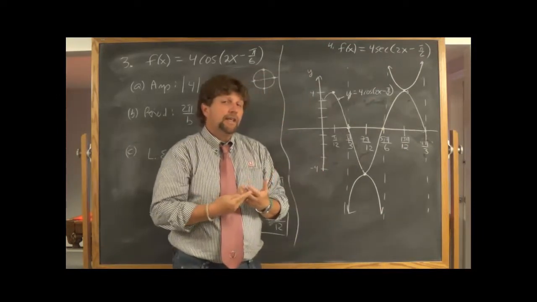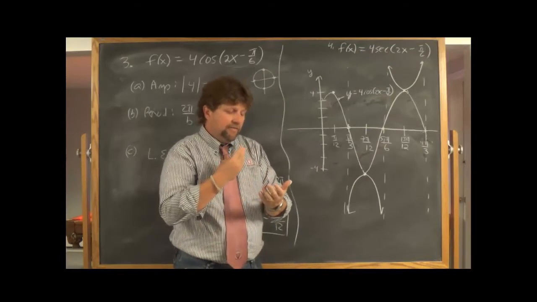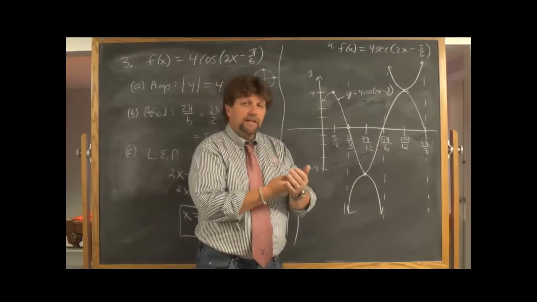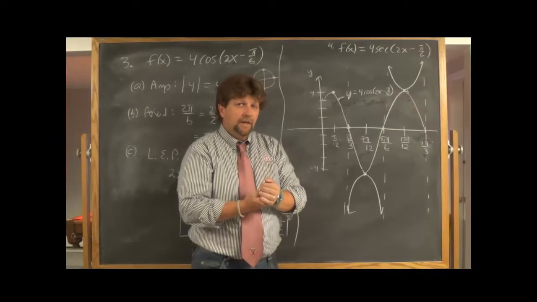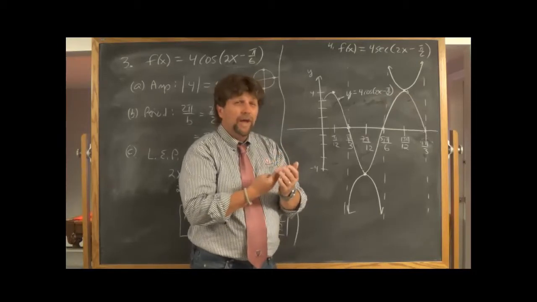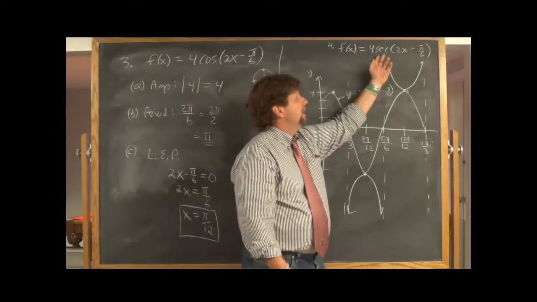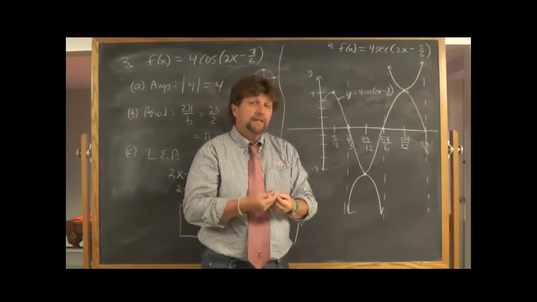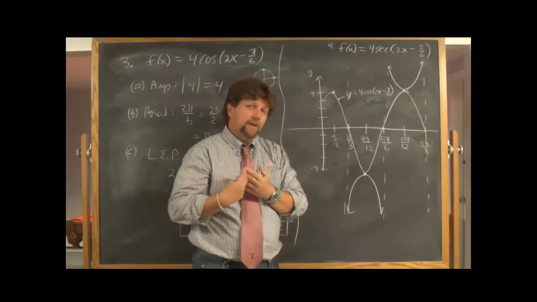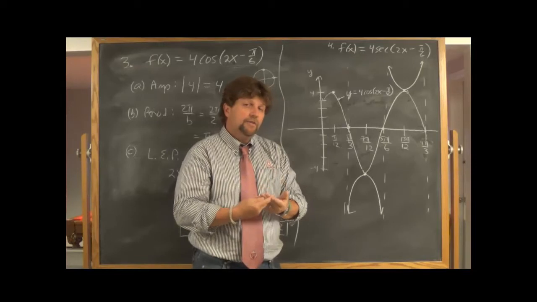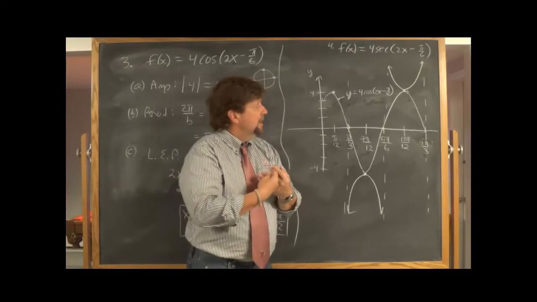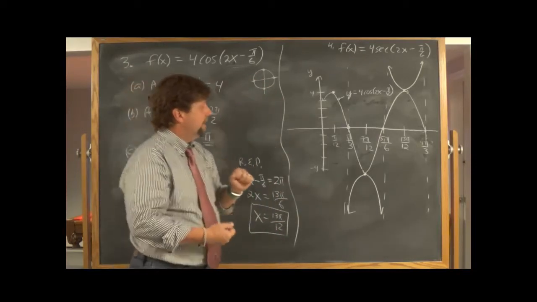Keep in mind you could use that same idea if it were sines and cosecants. In fact, the way to get the graph of a secant or a cosecant is to first graph the cosine or the sine and use it as a guide. So we have number 3 here.